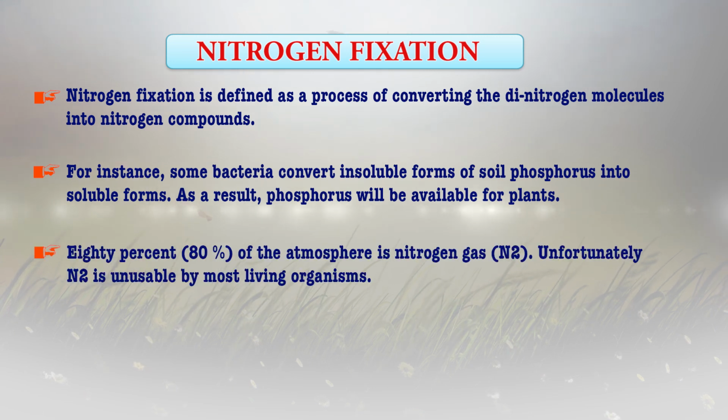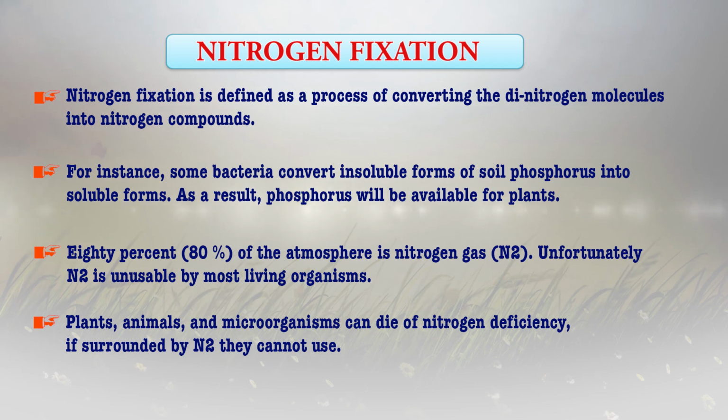About 80% of the atmosphere is nitrogen gas, that is N2, but unfortunately this nitrogen is unusable by most living organisms. Plants, animals and microorganisms can die of nitrogen deficiency.